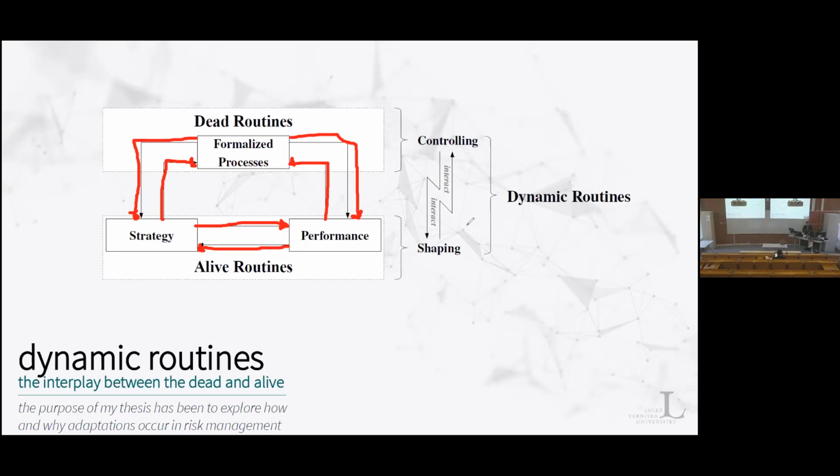So what I set out to do was to conduct empirical studies within information security risk management. I did this with interviews and observations. I carried out these empirical studies in public sector organizations and government agencies.